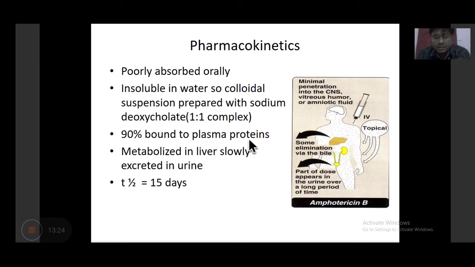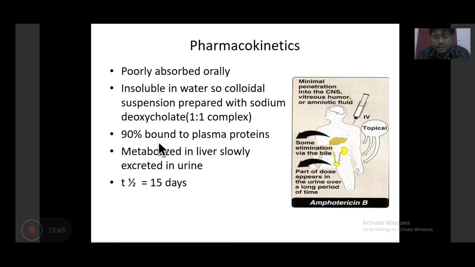90% of amphotericin is bound to plasma protein. Whenever somebody asks you to give an example of a drug having high plasma protein binding, warfarin and amphotericin are the two drugs you should say immediately, that these are two drugs known for their plasma protein binding.